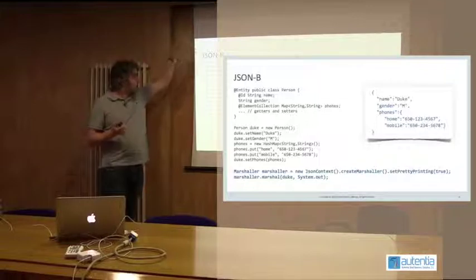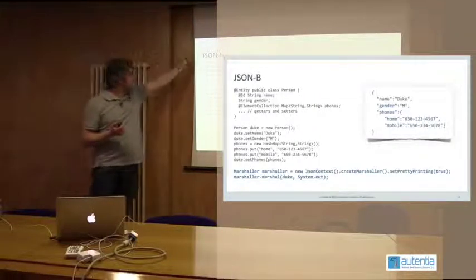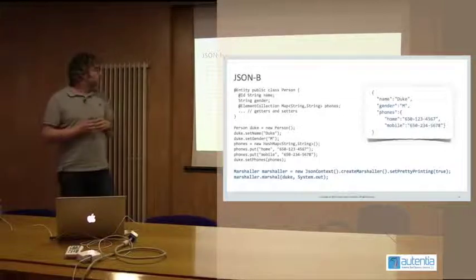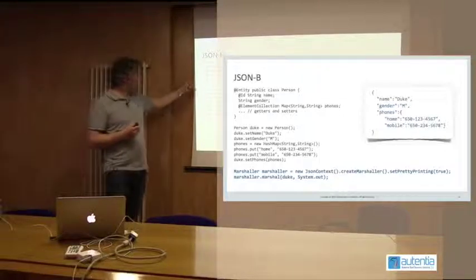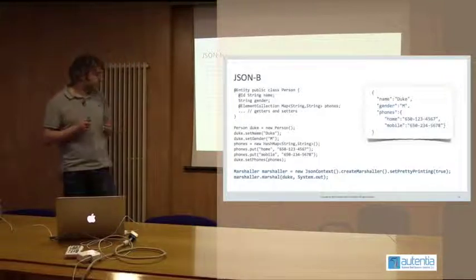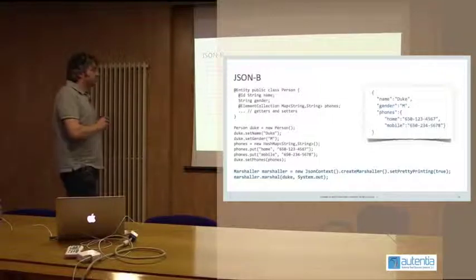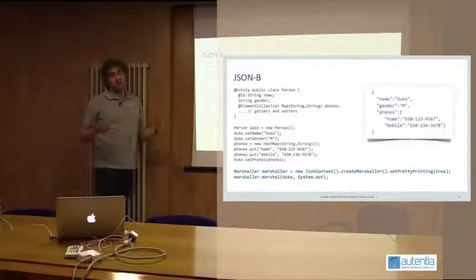So I have a POJO, which is a person. I'm using the @Entity annotation, so it's a JPA entity. I create an instance of that person. It's Duke, and so on. So how might it look? First, I need to have an instance of a marshaller.